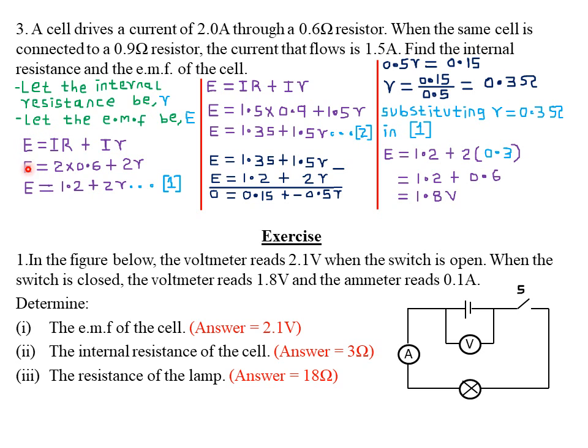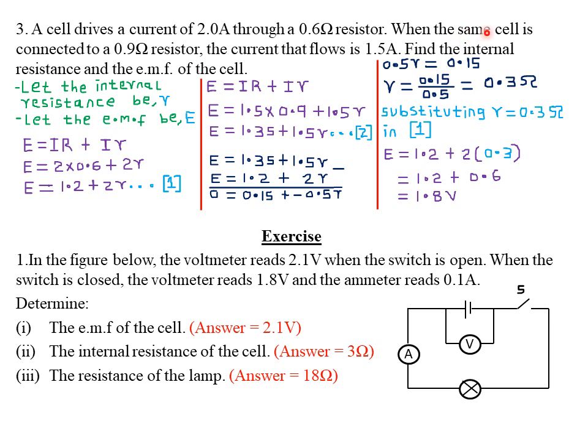So we shall say the EMF E is equal to the total current through the circuit for the first case, 2 amperes, times the external resistance, 0.6 ohm, plus the total current through the circuit, 2 amperes, times the internal resistance, which is r, because it is not given in the first case. So this will give us the EMF being equal to 2 times 0.6, which is 1.2. So the EMF is equal to 1.2 plus 2r. That forms our first equation.